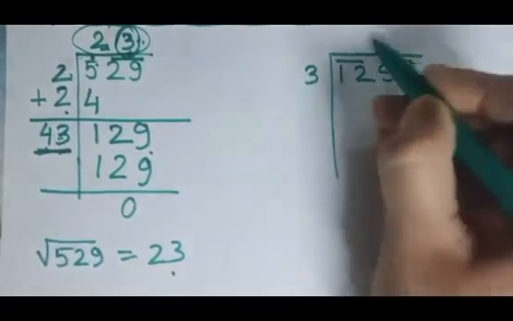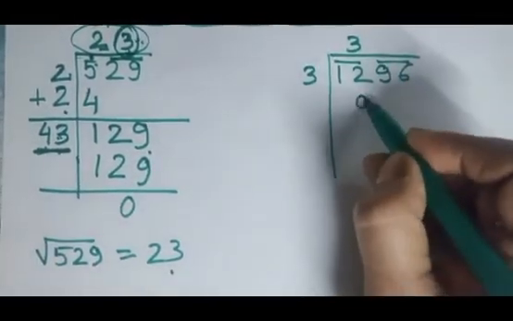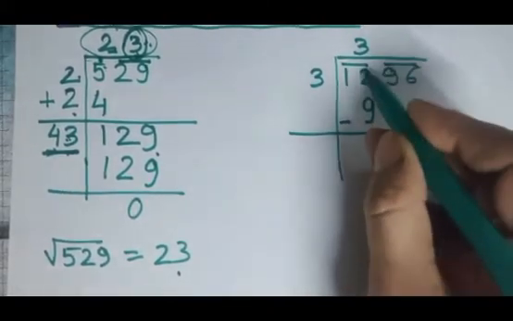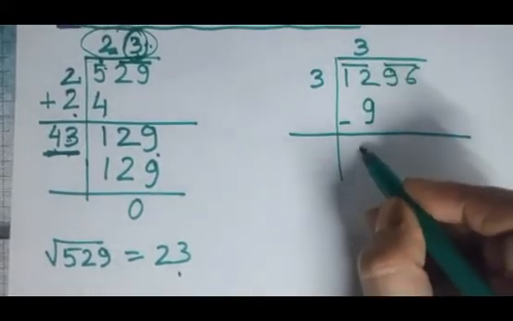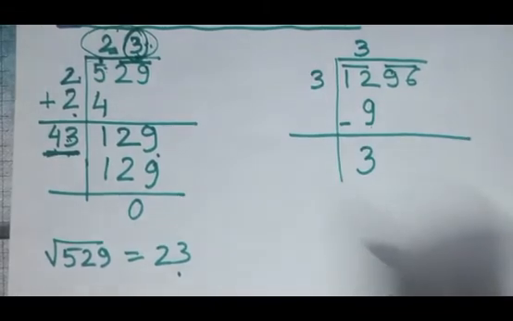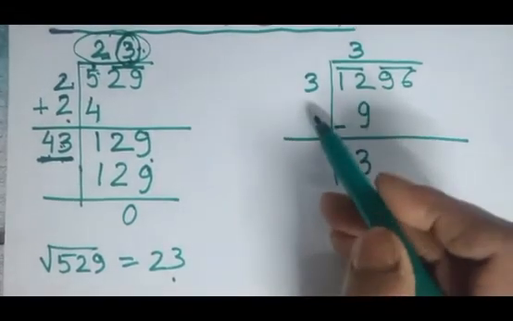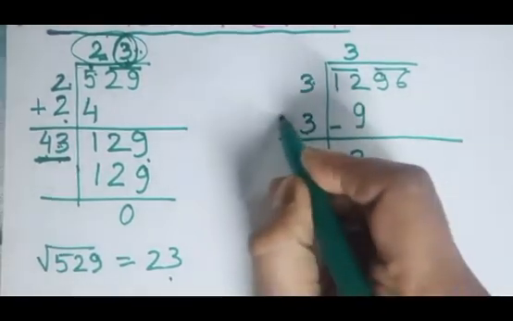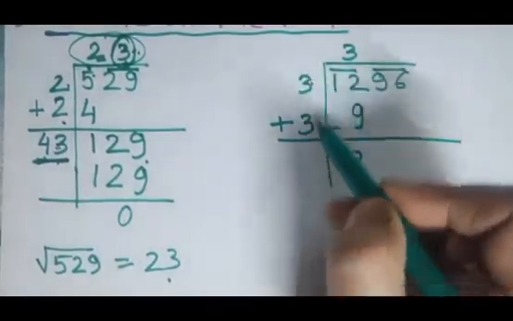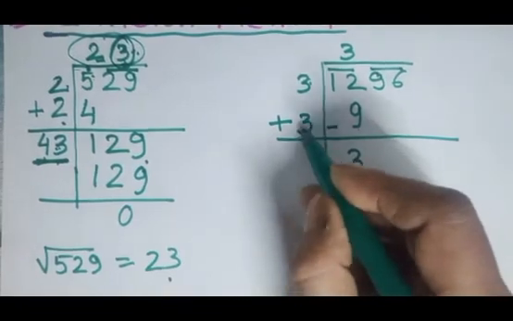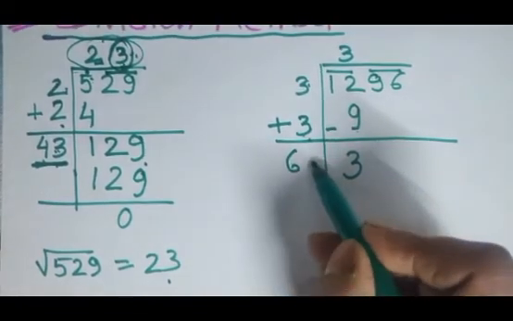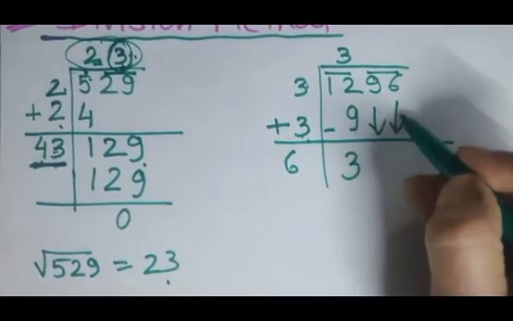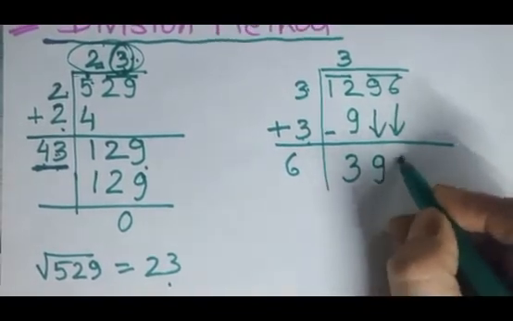So, we will take 3 3's are 9, and we subtract: 12 minus 9 is 3. Now, our next step is to write the same digit below it and then add. We got 3 and 3, 6. We will write it keeping a little space here. Now, both digits will be written below together.